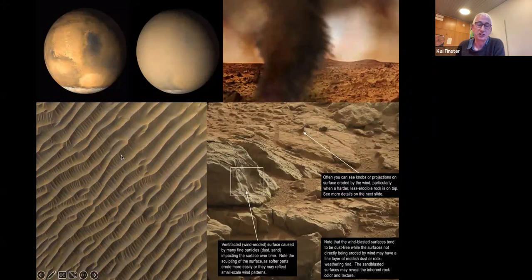There are so many pictures taken of the Martian surface that you can actually follow specific dunes and see that the ripples are moving, so even larger particles of sand are moved. Another example are these surfaces, which can only be produced if you have some kind of erosion going on.